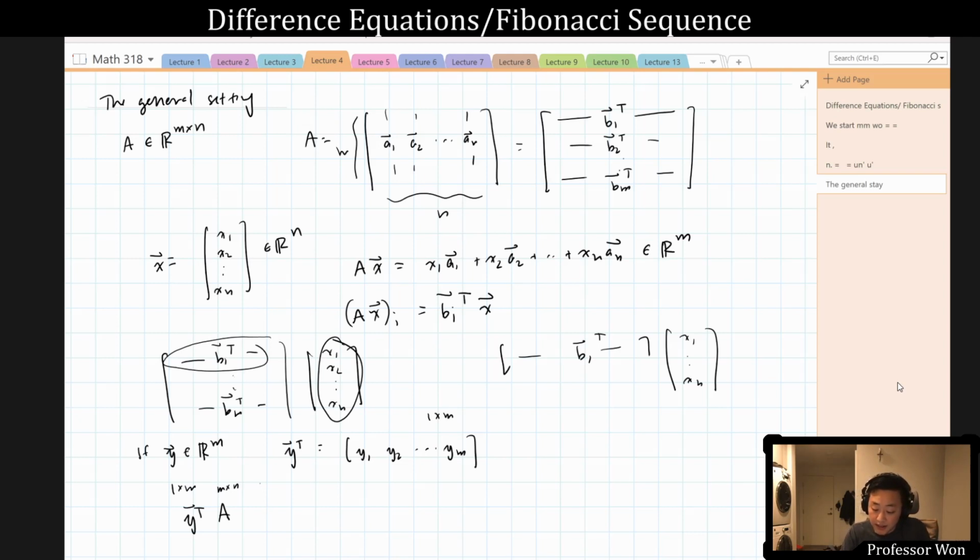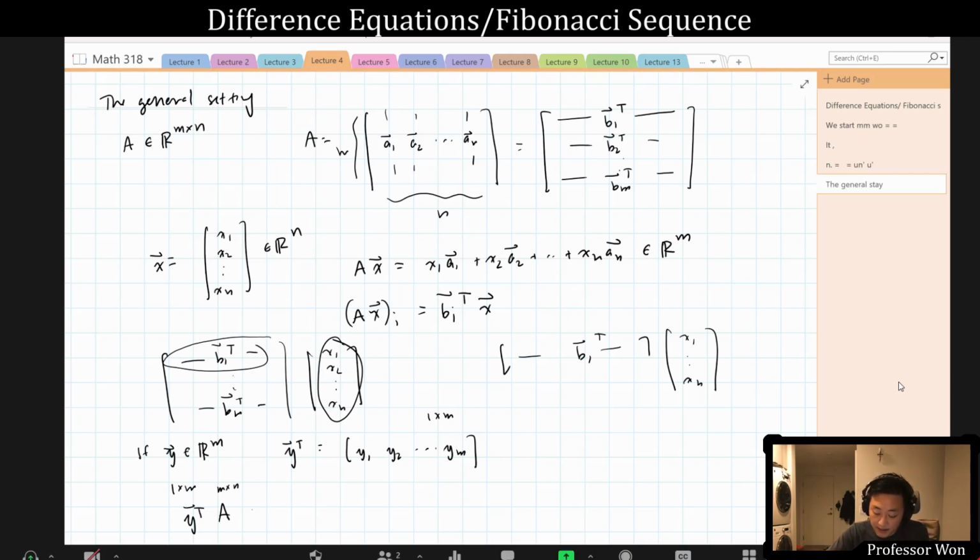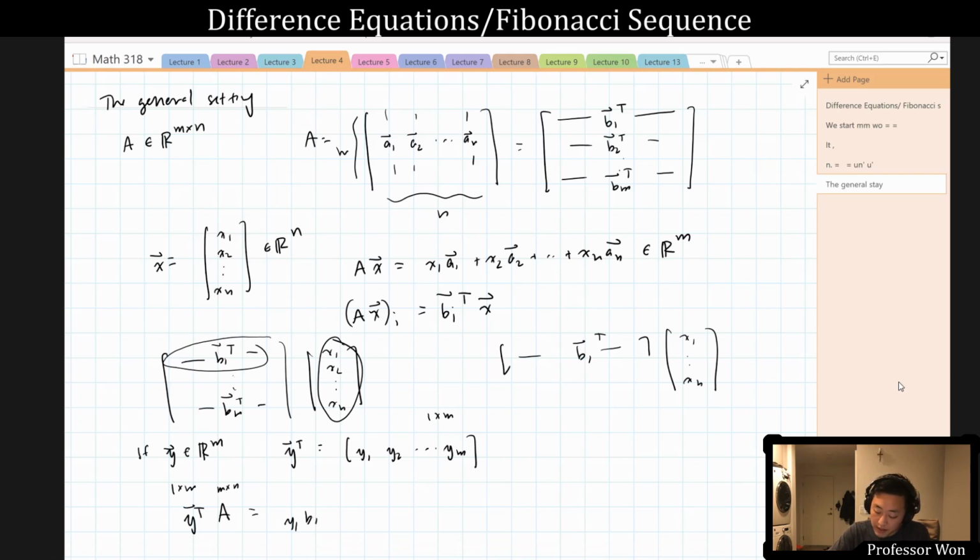It turns out that if you take a row vector on the left times A, you get a linear combination of the rows of A. So this thing is exactly y1 b1 transpose plus dot dot dot plus ym bm transpose. And if you're just interested in the jth component, it's y transpose multiplied by the jth column vector. Okay, so this is just a genuinely useful thing.